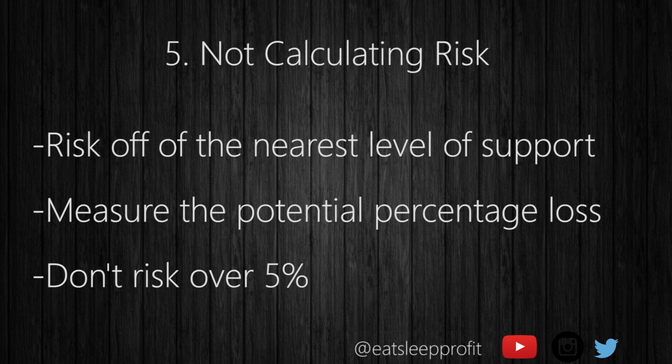You also want to measure the potential percentage of loss, which keeps you in a very good risk reward ratio. Whenever I look at my entry price and the nearest level of support, if you use Thinkorswim, I'll add a trend line from my entry price down to that nearest level of support, and it gives you the percentages near your cursor.